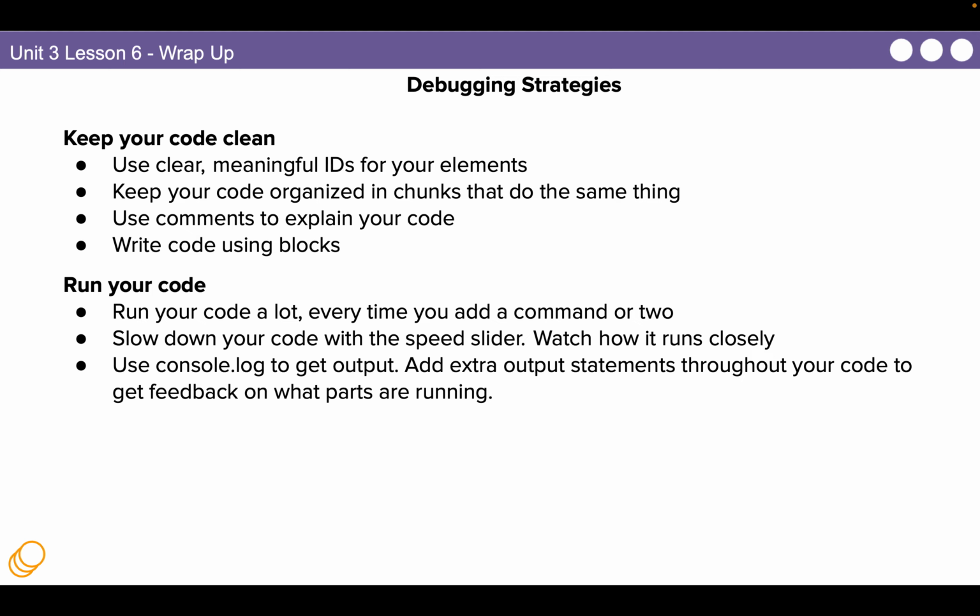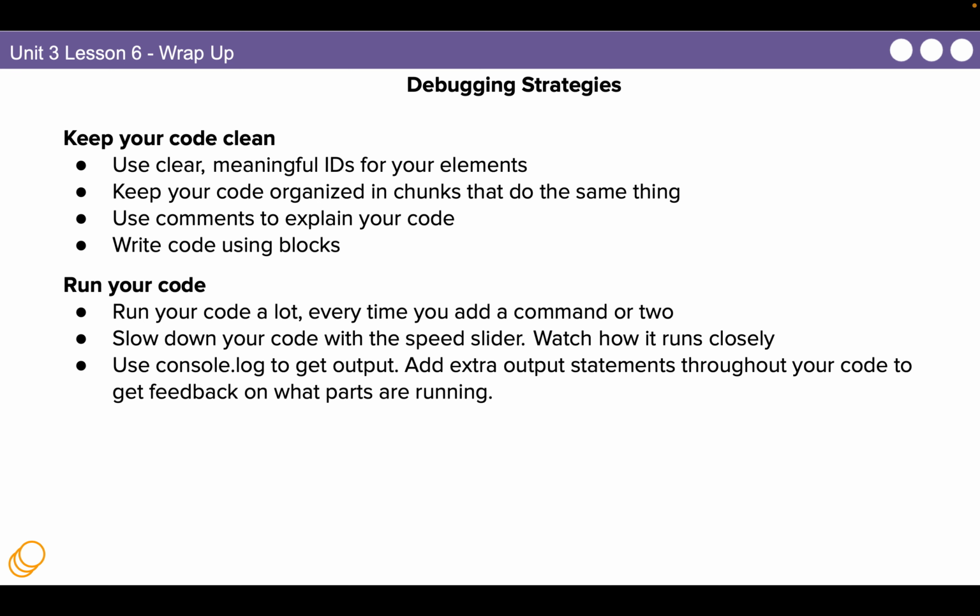While you're running your code, you can use the speed slider. On AppLab, it's a turtle and a rabbit with a slider in between. Use that speed slider to change how quickly it runs, and you can watch as it highlights each command and does it, and you can find out what's going wrong that way.